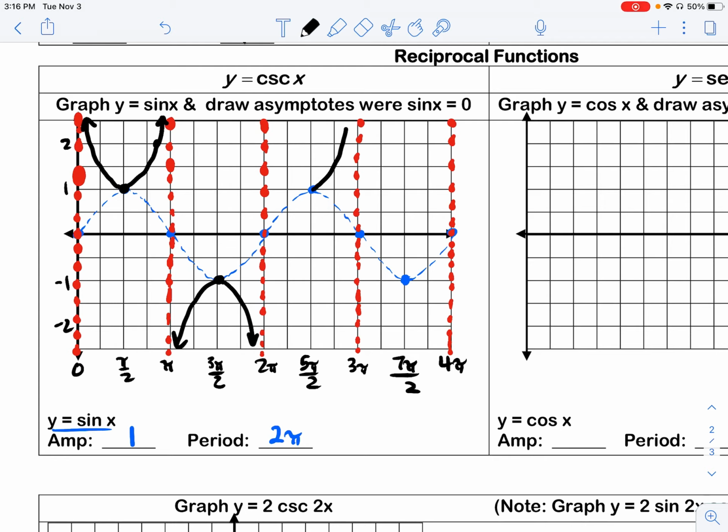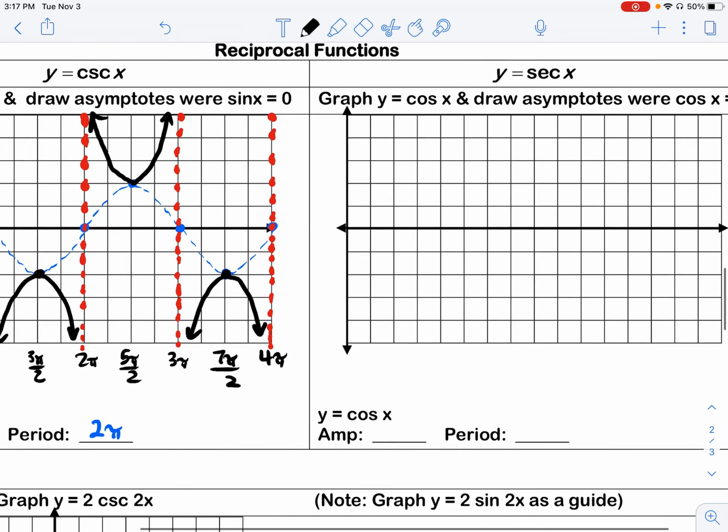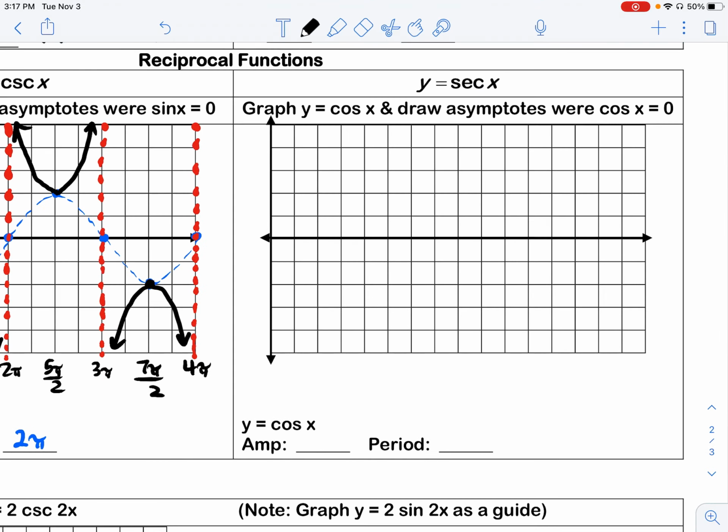So the easiest way of graphing the cosecant graph that I can advise students on is just think about what the graph of sine looks like and find the reciprocals. It's that easy, okay?